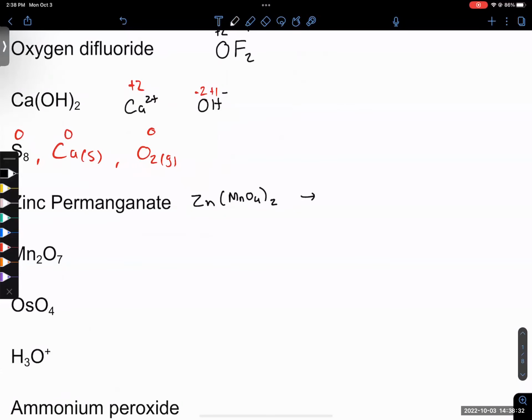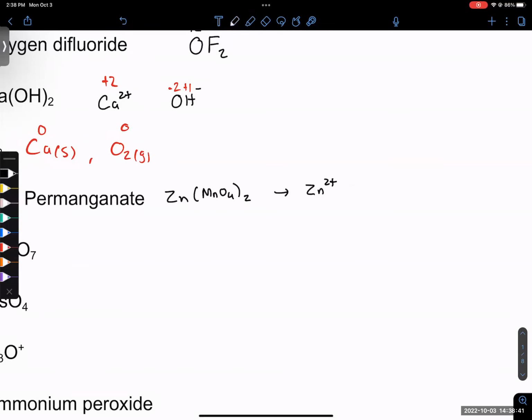So if we do the reverse crisscross, we know that zinc is 2+. So that automatically tells us the oxidation number for zinc. And then we know MnO4 permanganate always has a -1 charge, right? But that -1 charge is for the overall polyatomic anion.